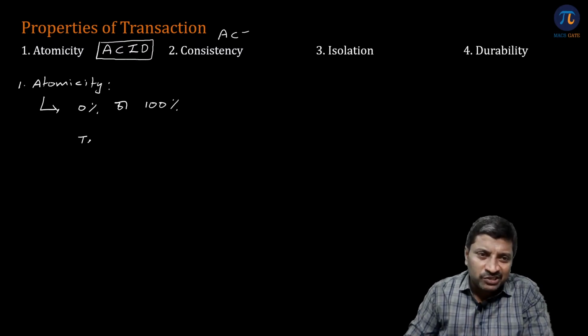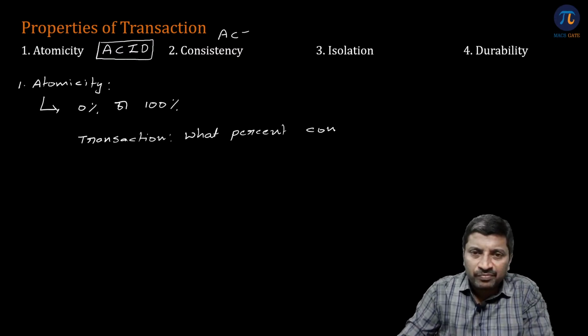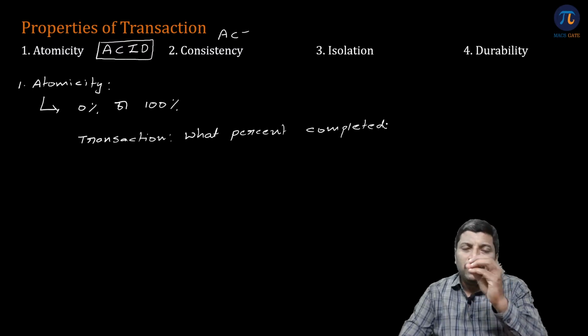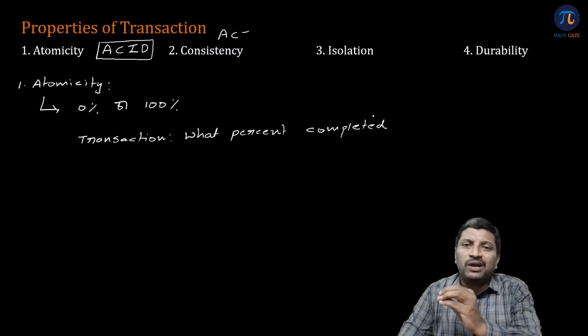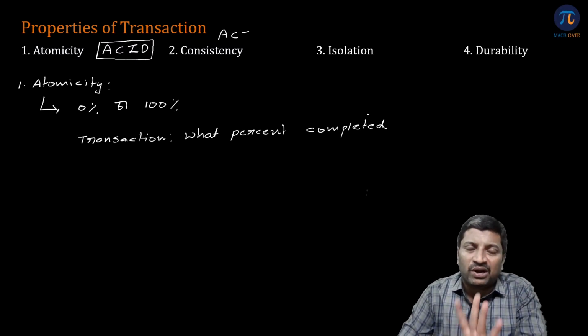Suppose there is a transaction, and somebody asks what percent of the transaction was completed. Then either it should be 0% or it should be 100%, and not any other number in between.